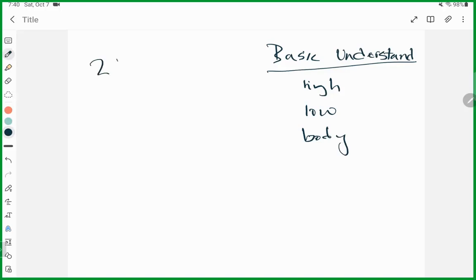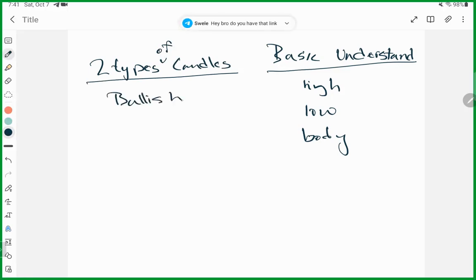So there's two types of candles: bullish candles, and then we have bearish candles. Typically a bullish candle is going to be denoted with a green color, and then we have something like this.